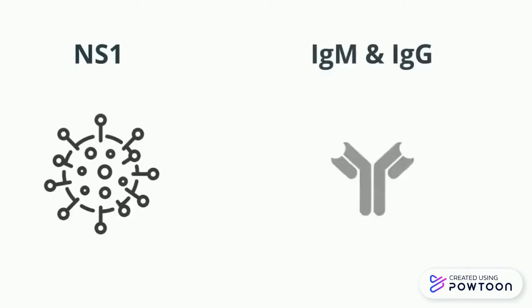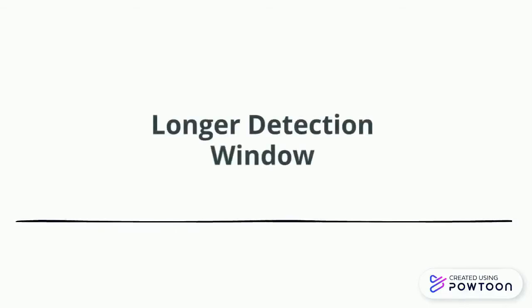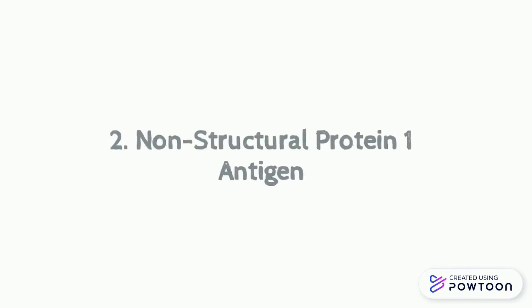NS1 is the virus, IgM and IgG are the antibodies, so it has a longer detection window. In simple terms, this test can help you detect dengue fever in the early as well as the late phase of dengue.